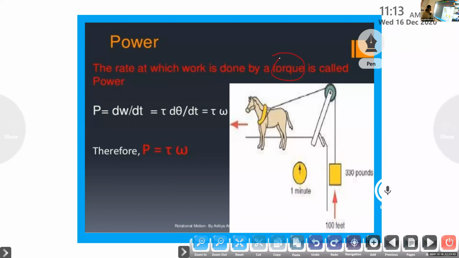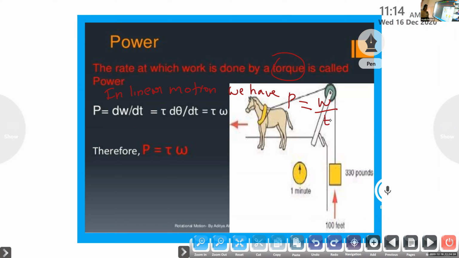The rate at which work is done by a torque is called power. In linear motion, we have learned, in electricity and mechanics also, that power is equal to work done by time.